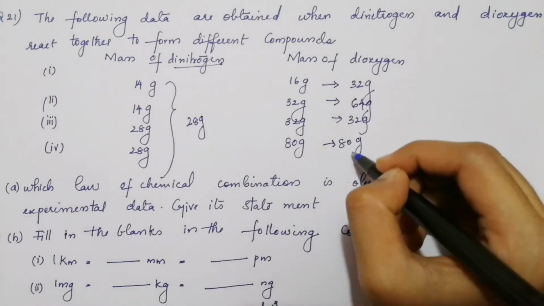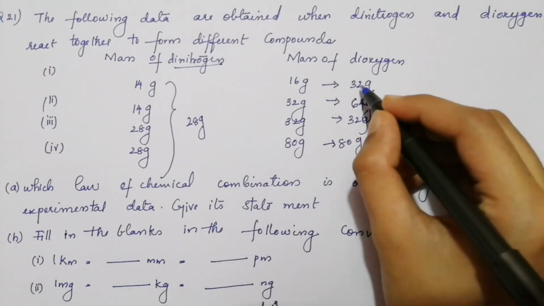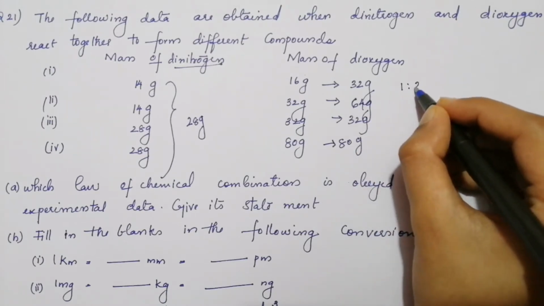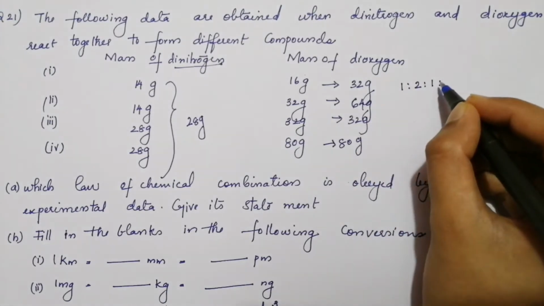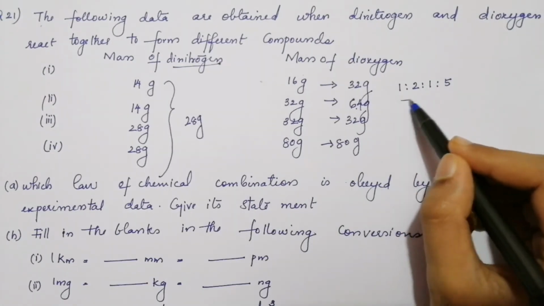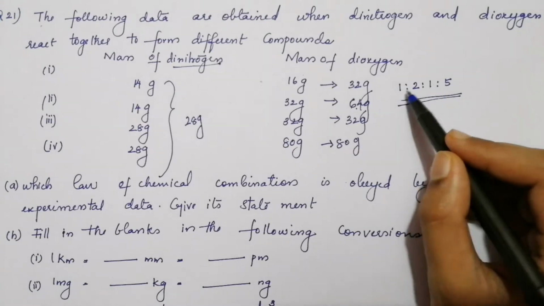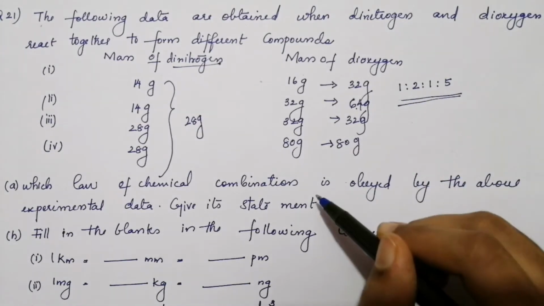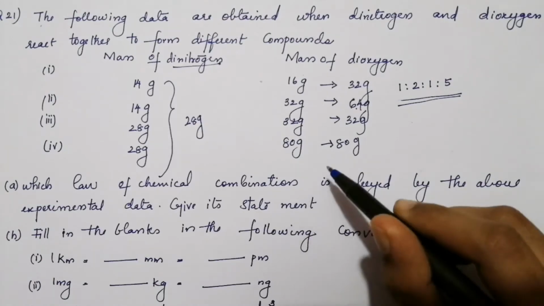Now, if we look at it, we can simplify this and say that this is 1:2:1:5. So we have this in the form of a simple whole number ratio, that is 1:2:1:5. Now, let us try to identify the law of chemical combination associated with it.